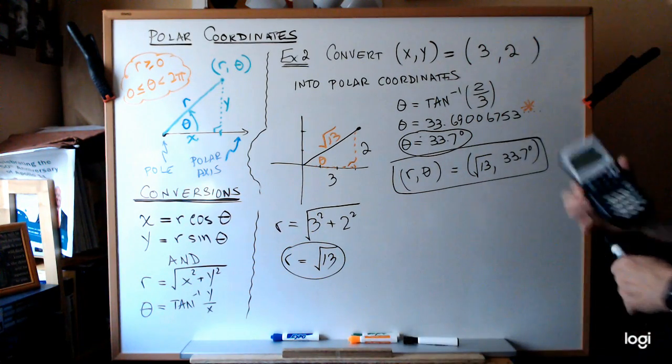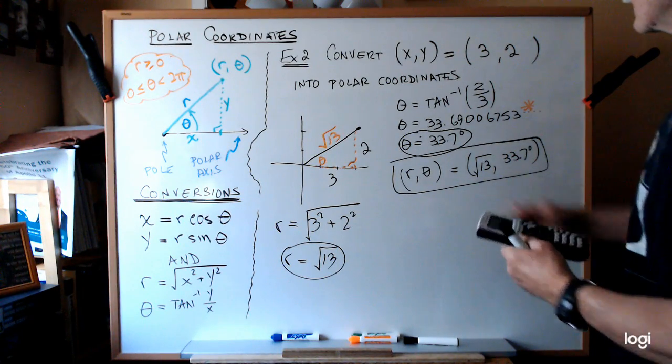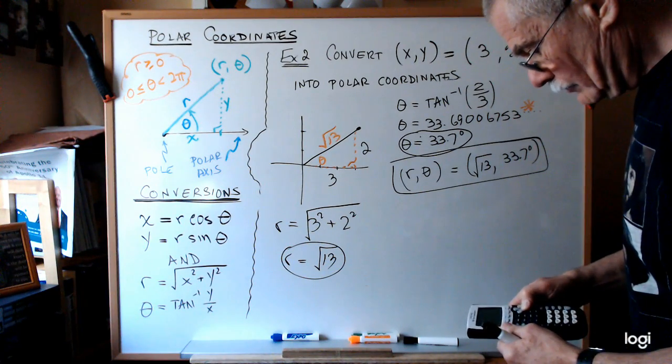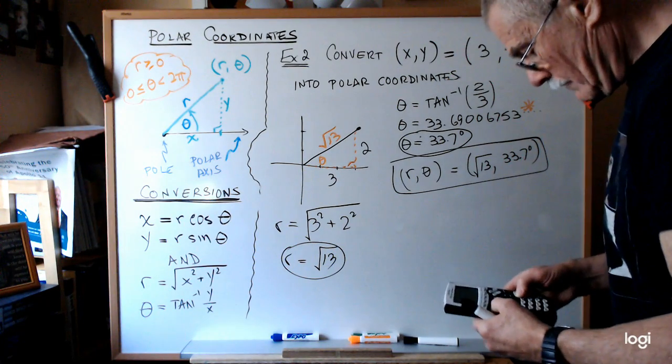and I could change that into radians, or what I could do, if you want, is go back in, change the mode, this time into radian measure, and do the same thing.